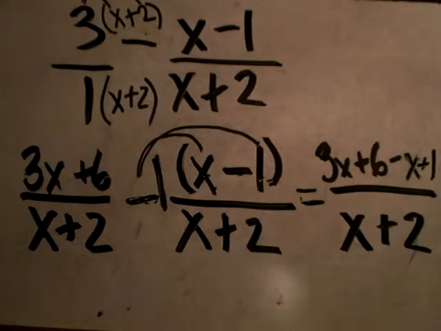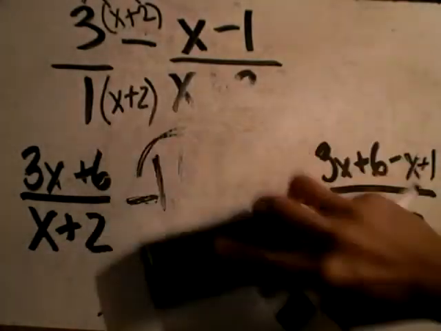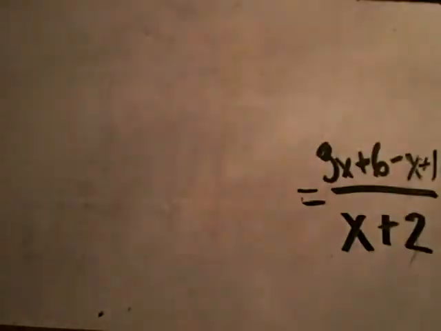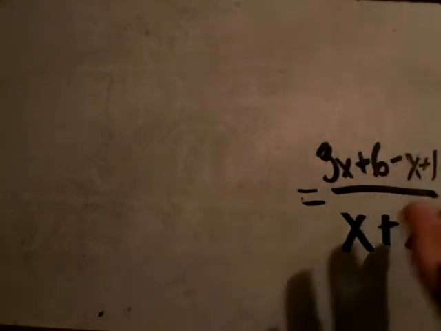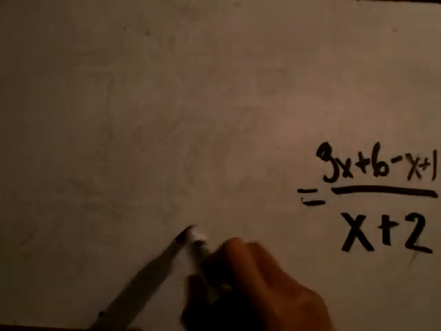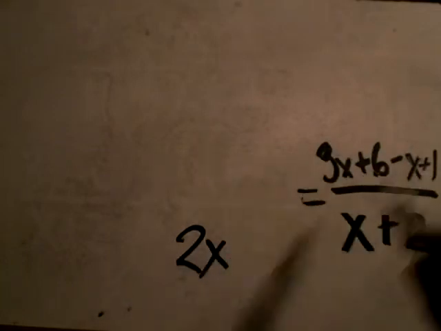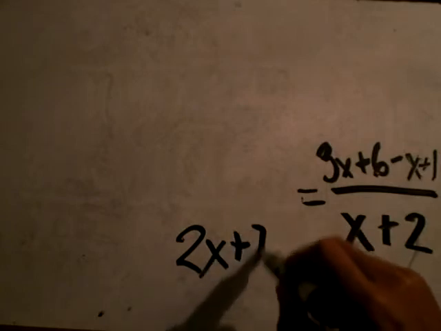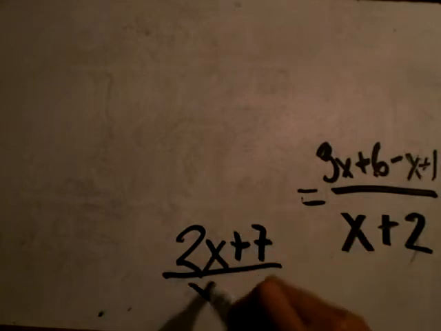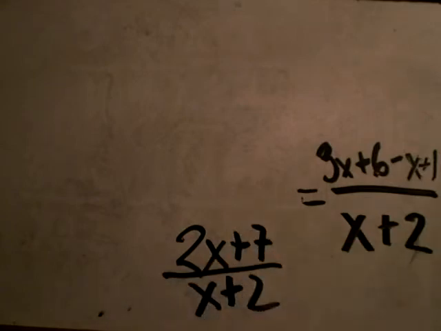Okay, that's a little better. So now that we've got 3x plus 6 minus x plus 1, well, we can combine like terms. So 3x minus x becomes 2x, okay? And then 6 plus 1 is 7, so positive 7 over x plus 2.